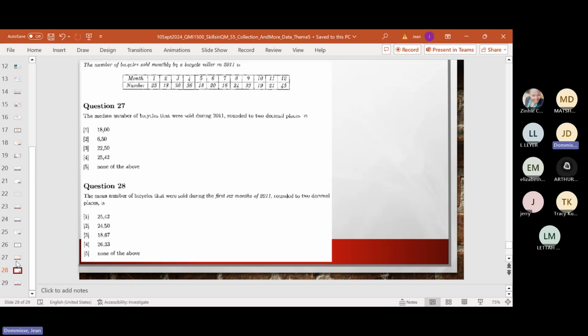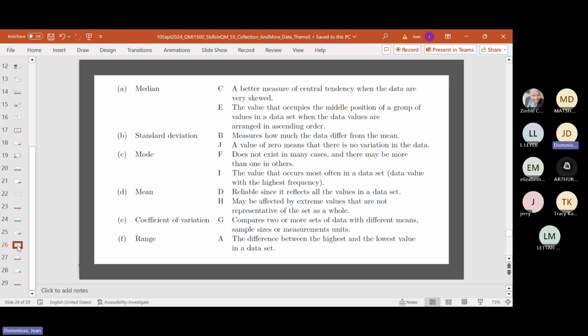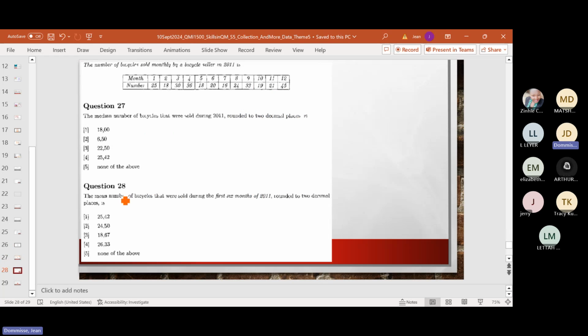Let's just go. I want to quickly show you one more. Here you can look at this data set. The mean is the average.